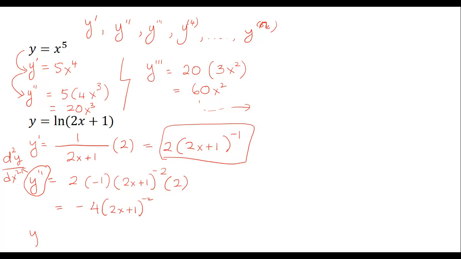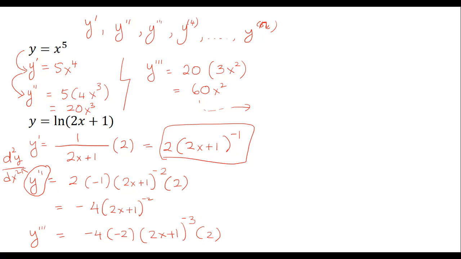And if you want to explore a little bit more, your triple prime is just differentiating your y double prime, and doing it similarly. You will have this, and then you reduce your power over there, and you will have this.